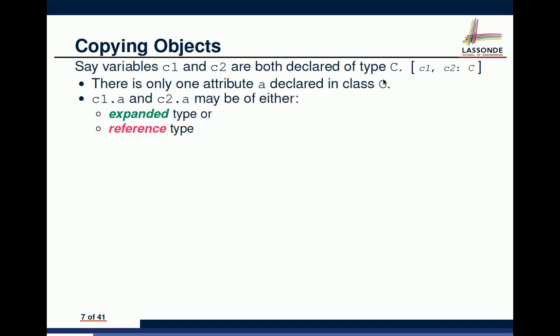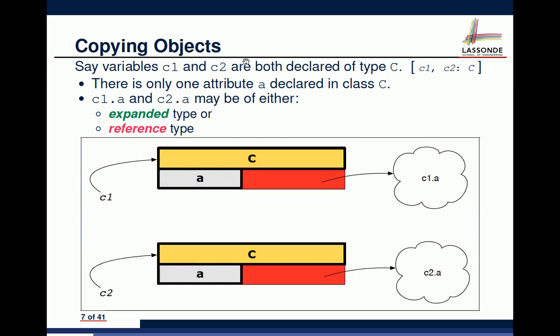Let's make some assumptions over here. Let's say we got a class called C, and this is kind of the diagram we have. Let's say we have two objects, C1 and C2, of the same type, and only one attribute A, and A can be any type.